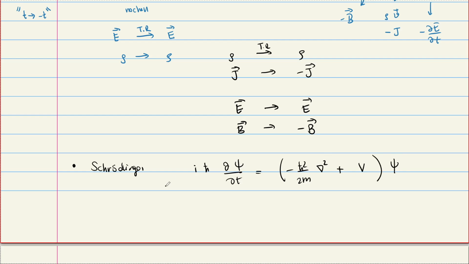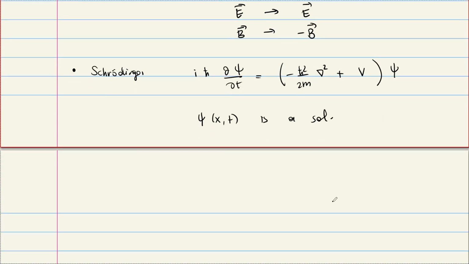Now suppose you solve this equation and you found a solution, say ψ of x comma t. Now can we find another solution by just using this solution?